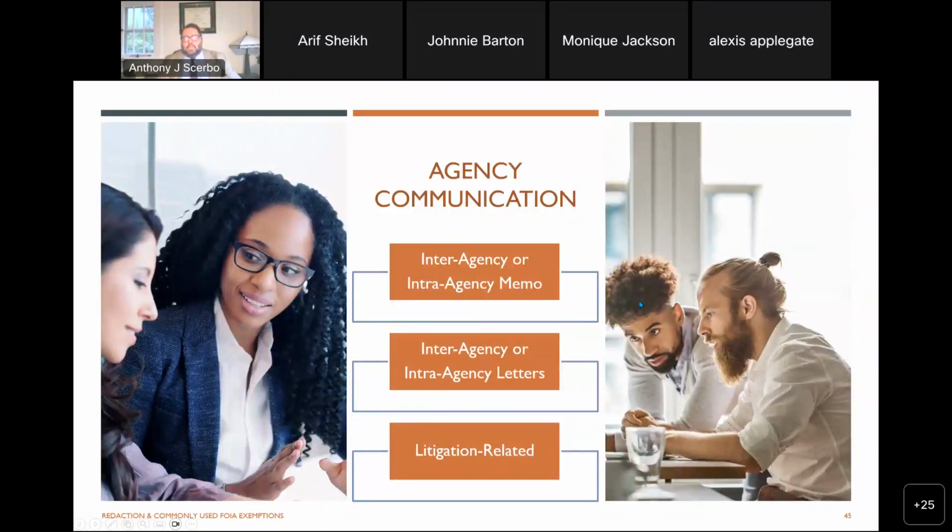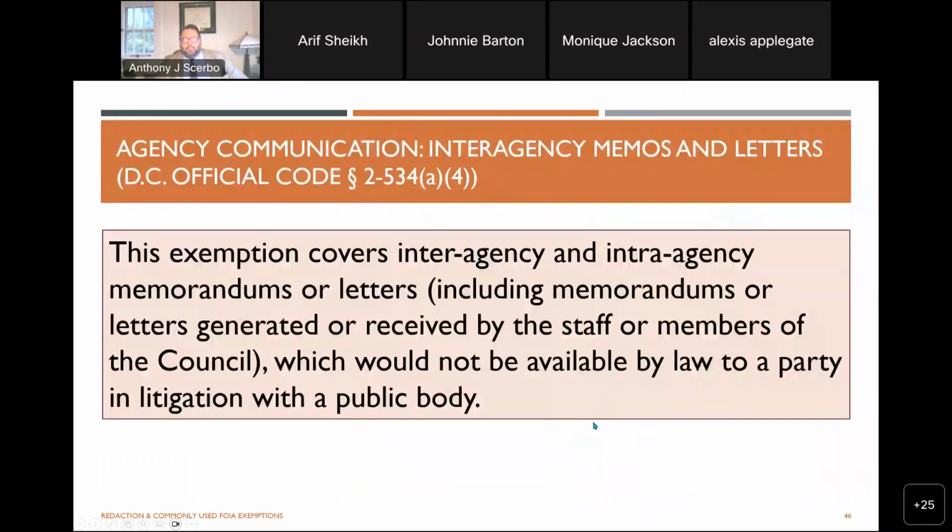Okay. Agency communication, both inter and intra-agency, memos and letters, and then things related to litigation. 2-534A4, interagency memos and letters, which covers both within and between agency memorandums or letters generated or received by the staff or members of the council, which would not be available by law to a party in litigation with a public body.